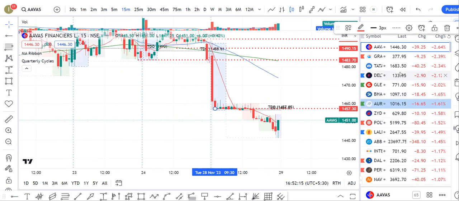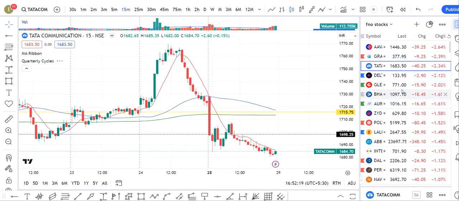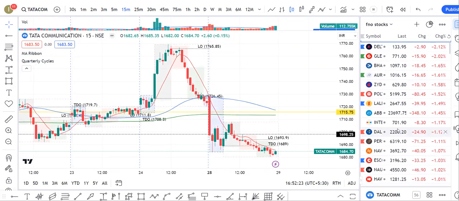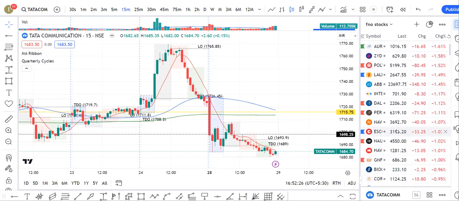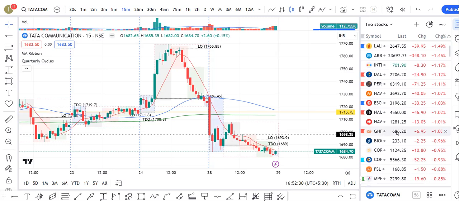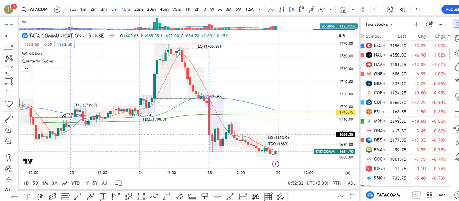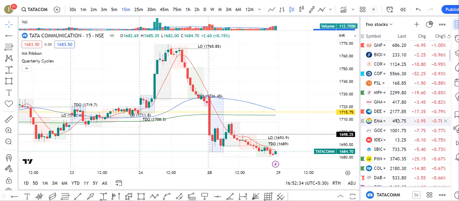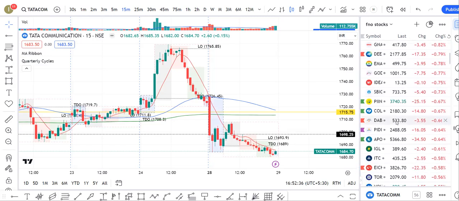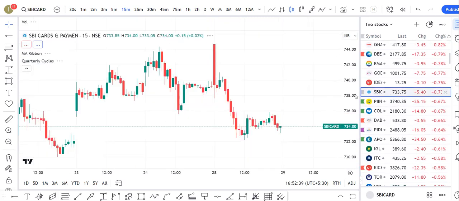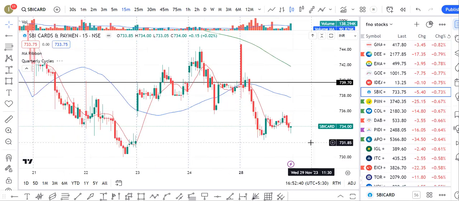Okay, let us go to another stock. No, Tata Communication, we will not go for that. Any other stock? SBI Card, let us check what it is doing.